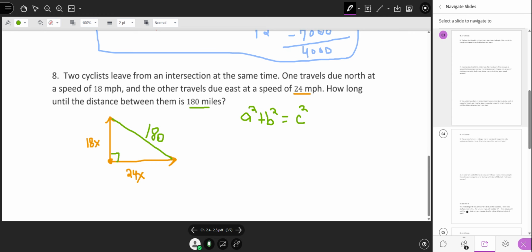So now I take this whole thing squared plus this whole thing squared equals that squared on Desmos.